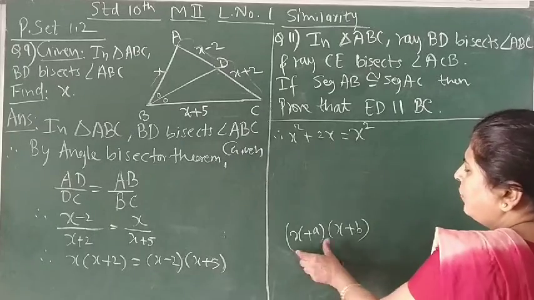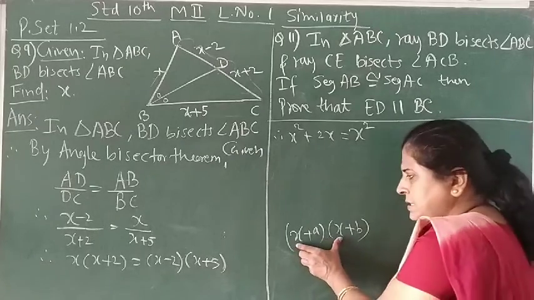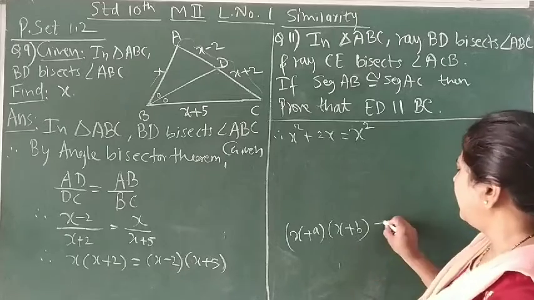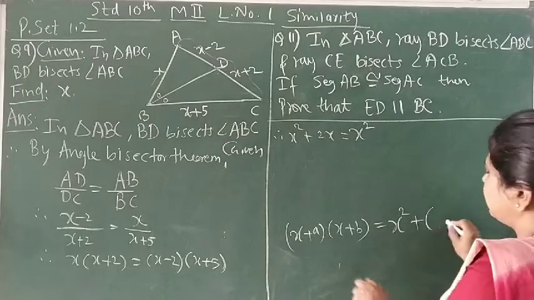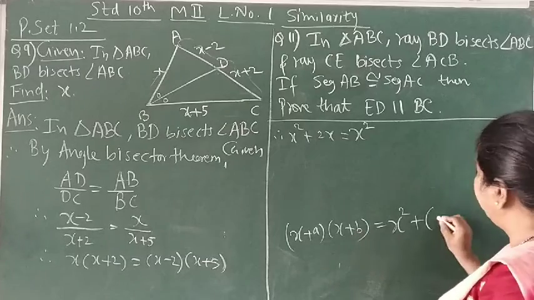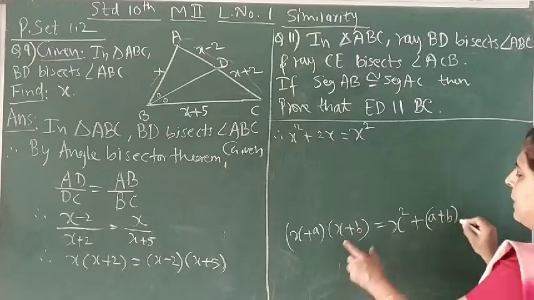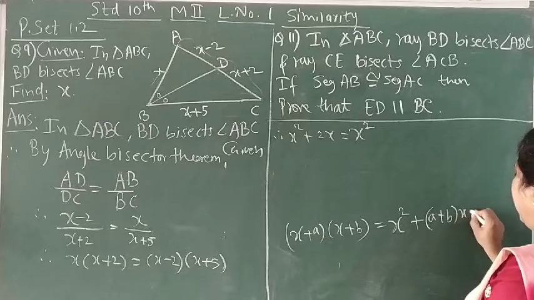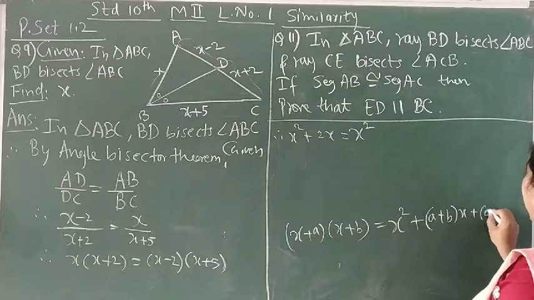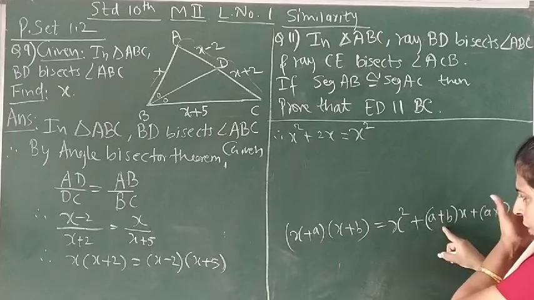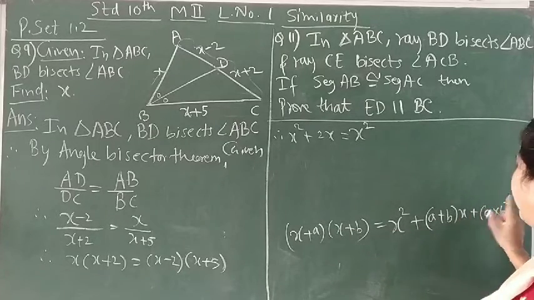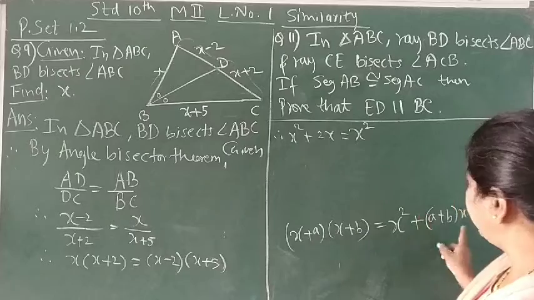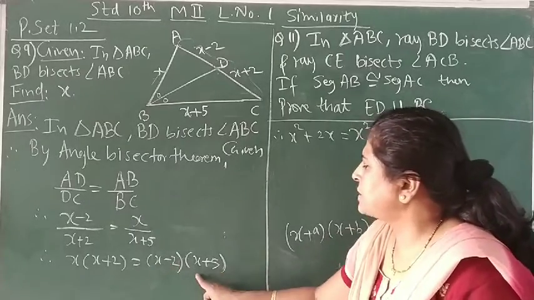Where the two brackets have the same first term but a different second term, the product is the square of the first term, x square, plus you add the two numbers a plus b and multiply with the common first term x, and then take the product of a into b. So here you take the addition of the second terms, multiply by the first term and take the product of the second terms. Using this property, x into x is x square.